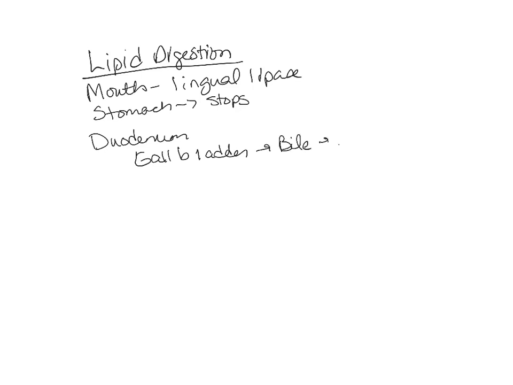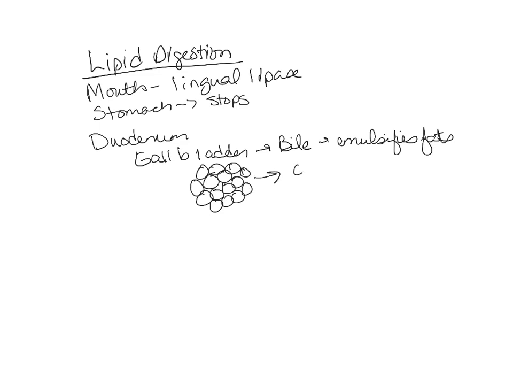And bile, if you remember, emulsifies fats. So it's going to take these large lipids that need to be broken down into individual lipids, into tiny droplets. And then those tiny droplets can get broken down by pancreatic lipase.